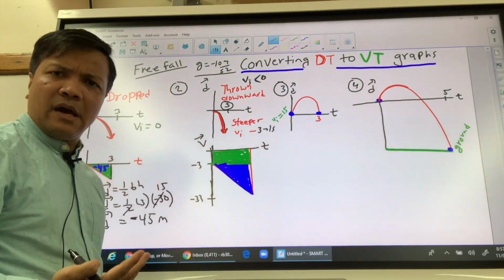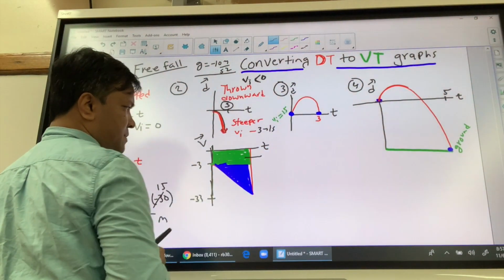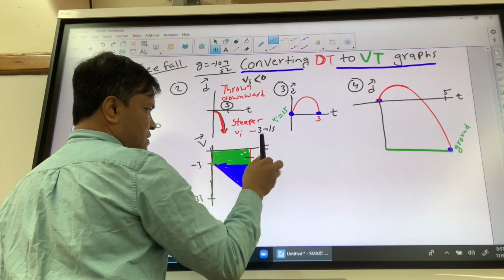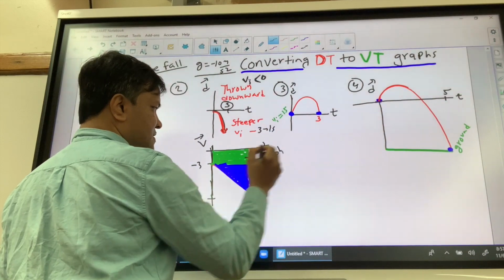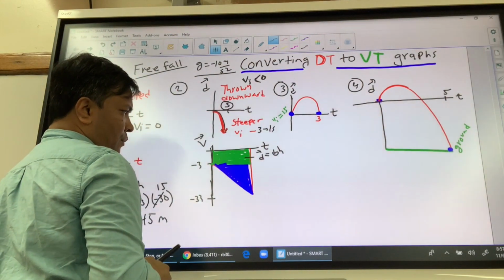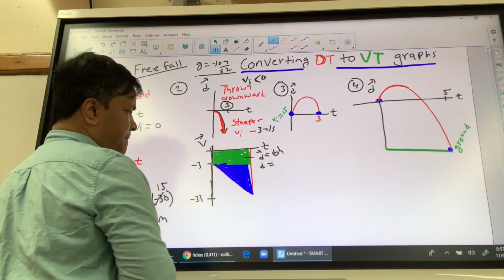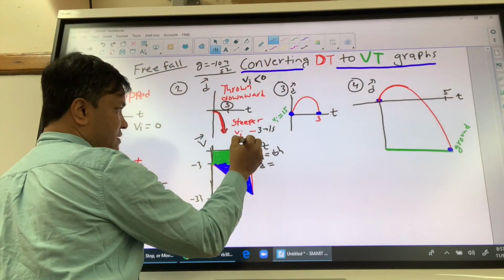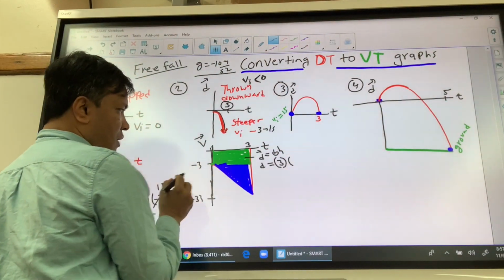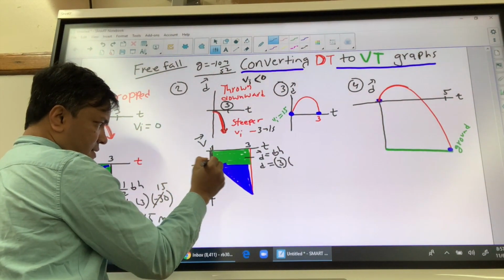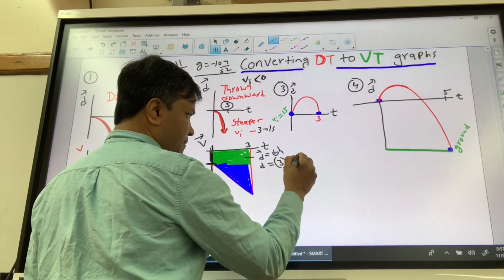Now you probably think, how can we calculate the displacement? Very easy. Let's first find the displacement of this one. Displacement is bh, since this is a rectangle. b is 3 seconds. Height is negative 3, because negative 3 is your initial velocity.